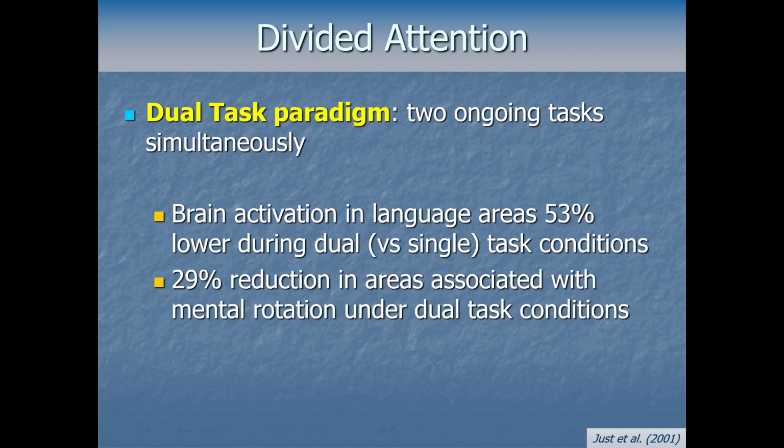Or we find a 29% reduction of activity in areas associated with mental rotation tasks, like Tetris type of tasks, when you're doing it under dual task conditions, like when you're doing something else instead of just the mental rotation alone.